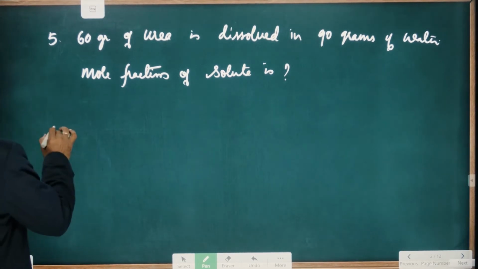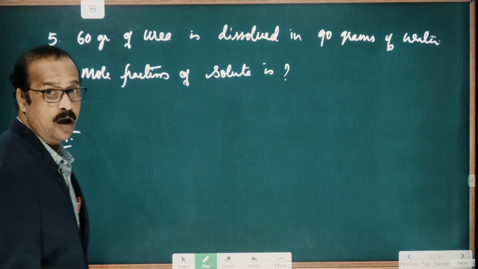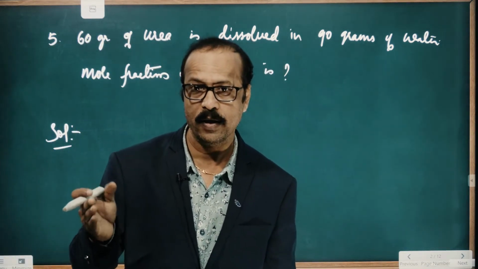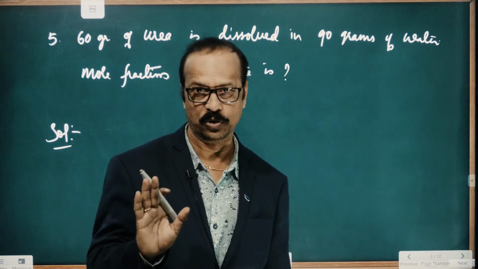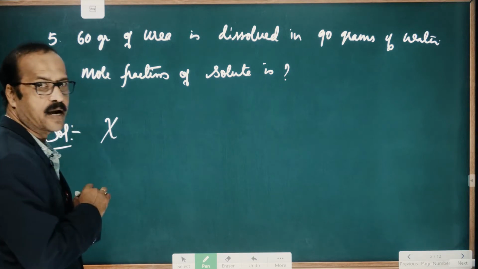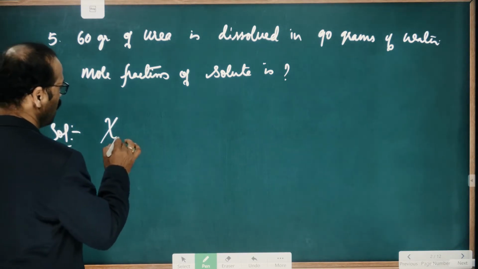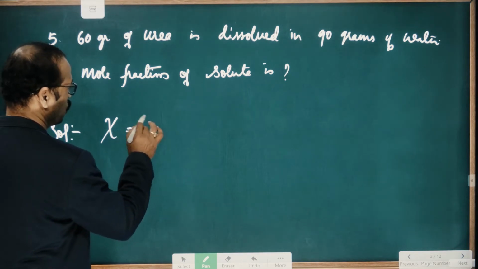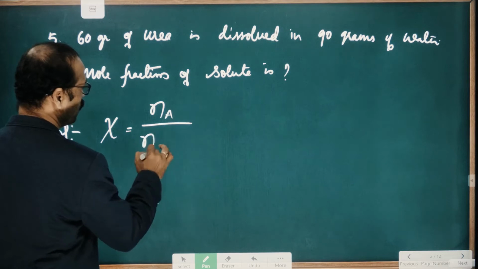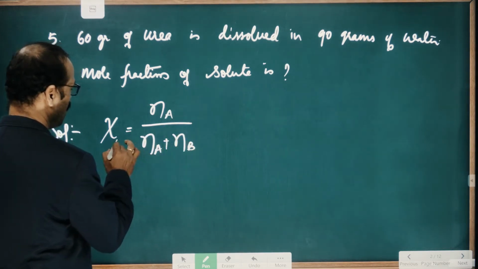First, for this you need to remember the formula of mole fraction. Mole fraction is equal to number of moles of solute by number of moles of solution, right? A mole fraction is denoted by chi. It looks like an x, I told you, okay? Chi of solute is equal to number of moles of solute, Na, by number of moles of solution, which is solute plus solvent, that is Nb.